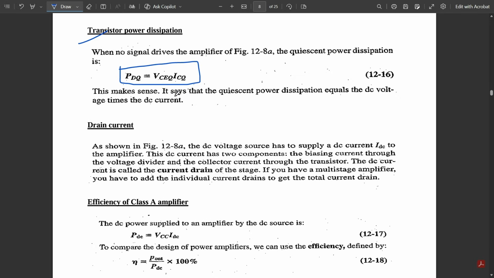This makes sense because the quiescent power dissipation is equal to the DC voltage times the DC current, where the DC voltage is the collector to emitter voltage VCE at the Q point, and IC is the collector current. Totally, this is the power dissipation obtained for a class A amplifier.